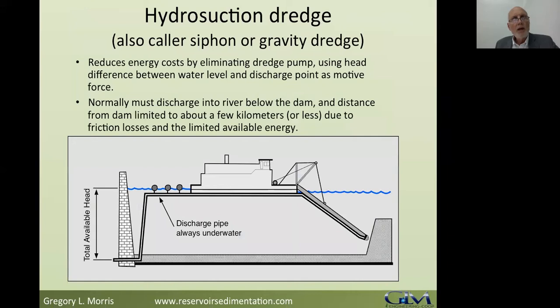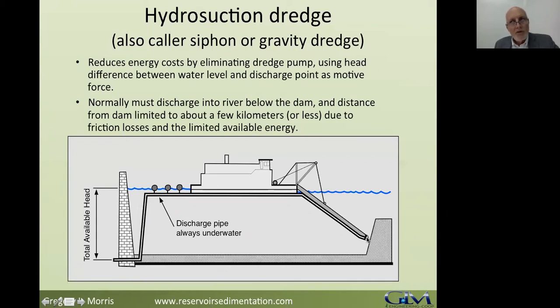You can also, in some instances, use a siphon dredge or a hydrosuction dredge, which uses the water level differences between the water in the dam and the downstream face of the dam, using this head to push the slurry through the pipeline and below the dam. Because you don't have a pump in the dredge and you don't have booster pumps, you're typically limited to dredging material within a couple or 3 kilometers of the dam.